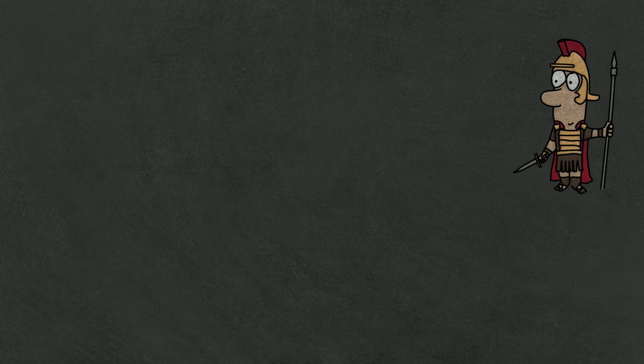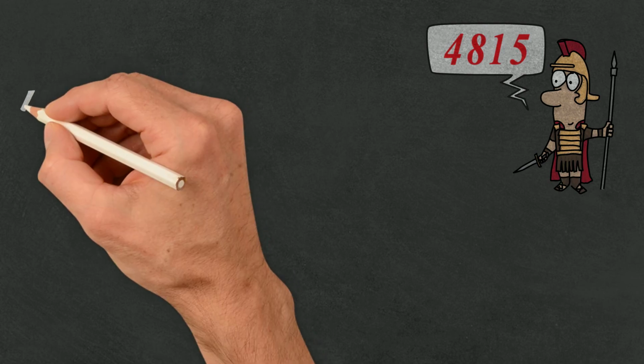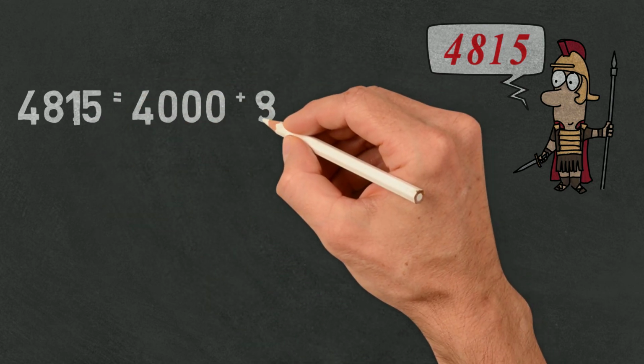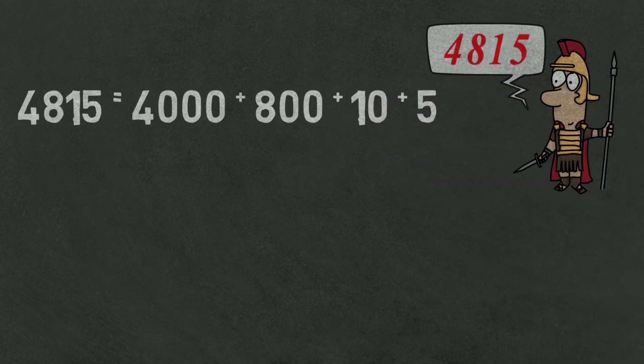So that's how years can be written in Roman numerals. Let's look at a harder example from the other way round. How can we write the number 4815 in Roman numerals? We first write the number in expanded place value notation, just like we did before. We have 4000 in the thousands column, 800 in the hundreds column, 10 in the tens column, and 5 in the units column.